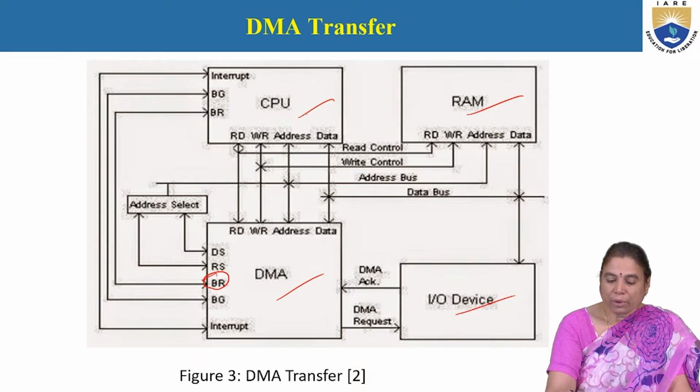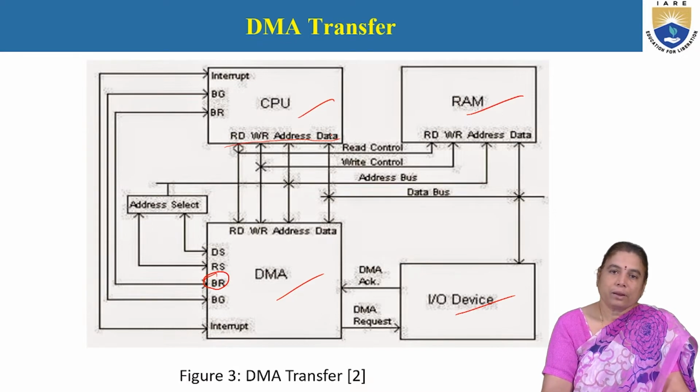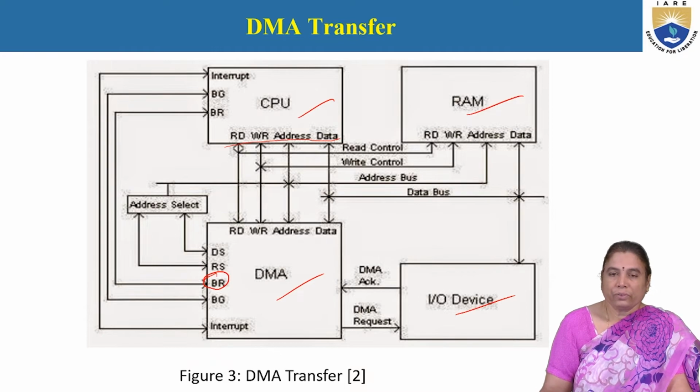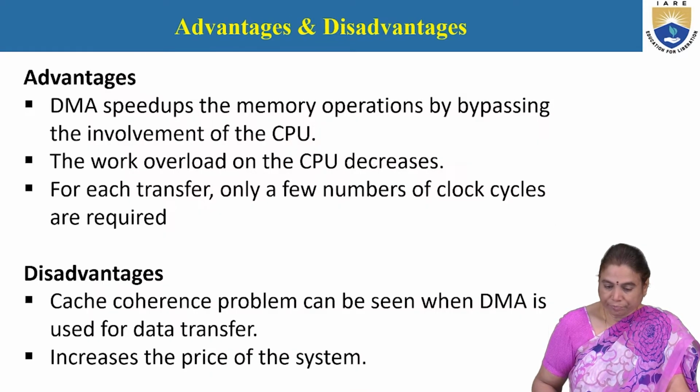While the data is being transferred, the CPU can keep all these buses, read, write, address and data buses, in the high impedance state. So this is the DMA transfer.